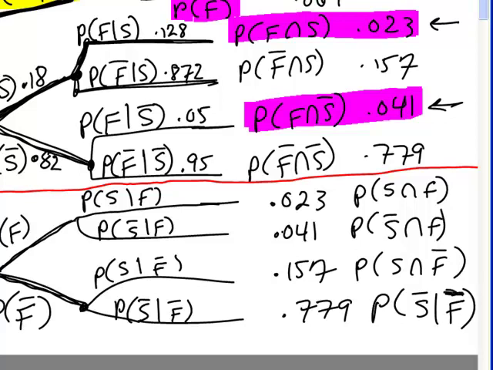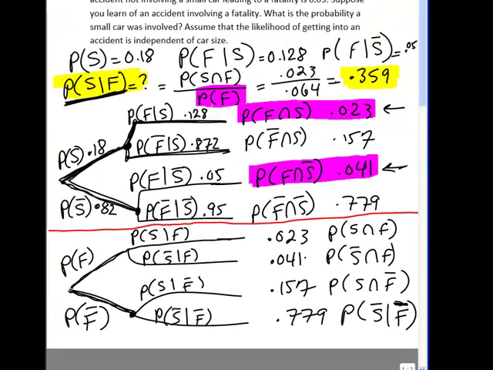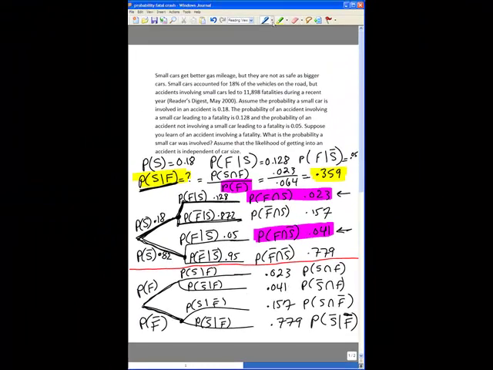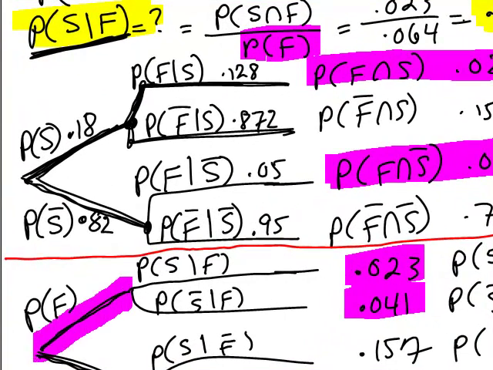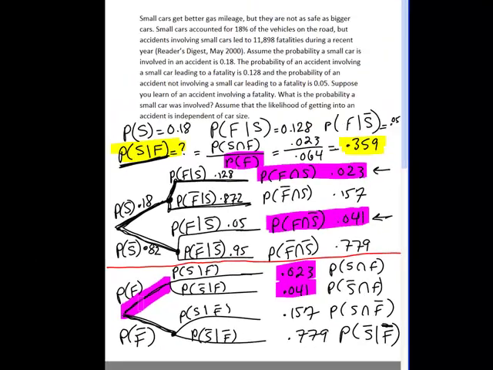I know that these two probabilities added up together end up being the value that should go on that prior probability branch.